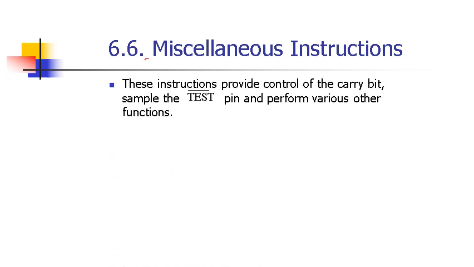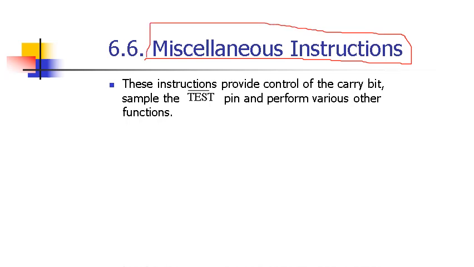So let's now talk about some miscellaneous instructions. By miscellaneous instructions, these instructions help a programmer to control the codes. So they are not specified as logic instructions, arithmetic instructions, or even program control instructions.